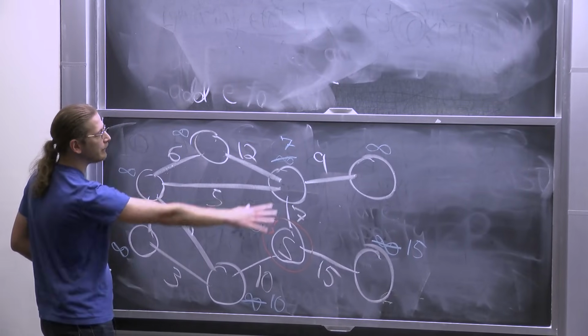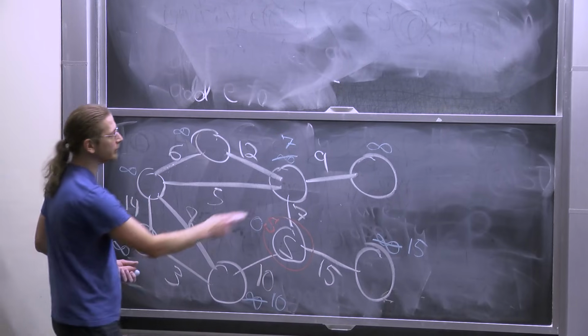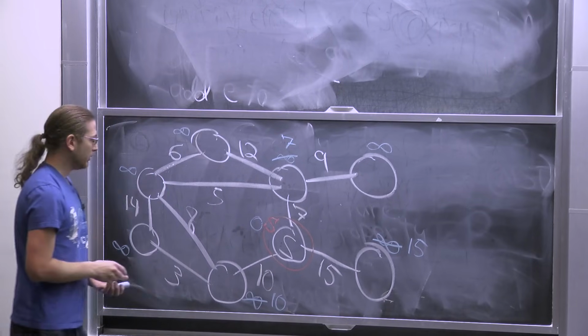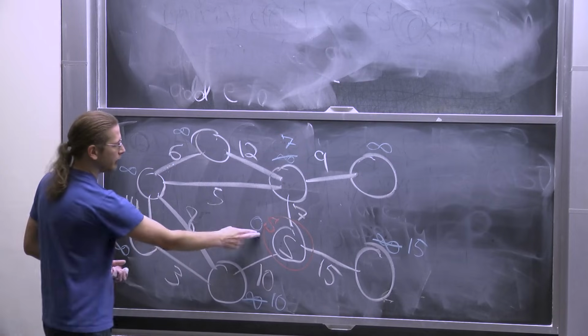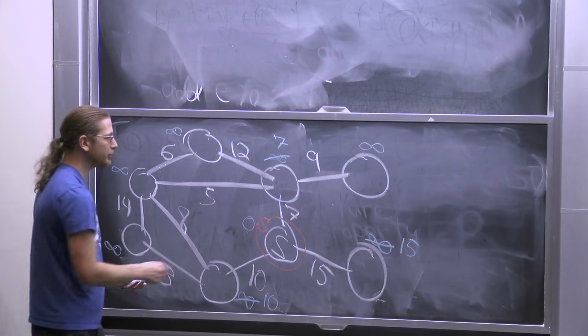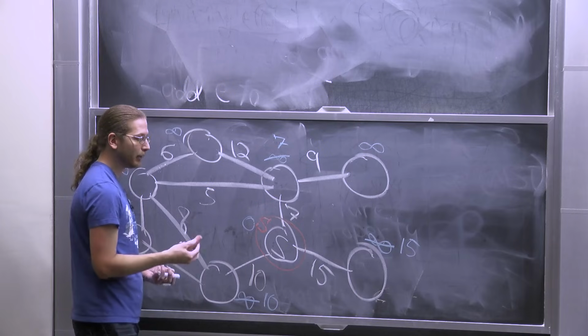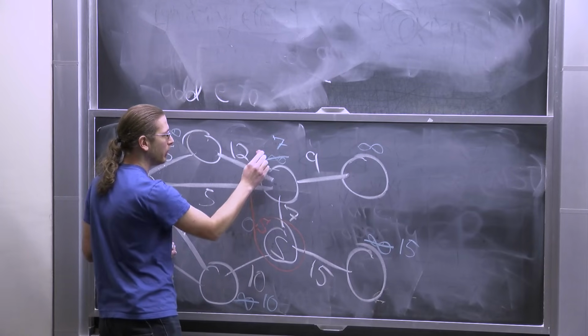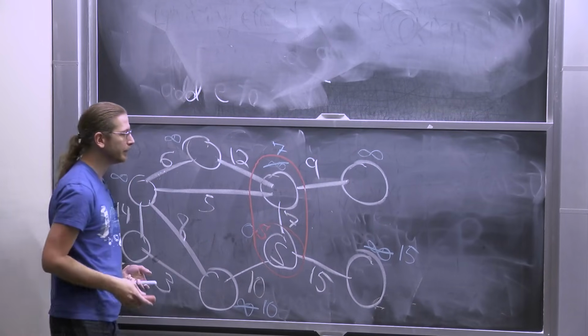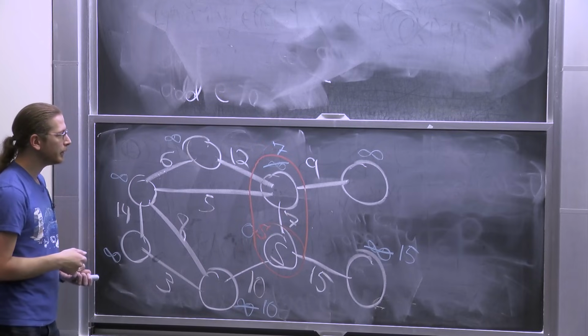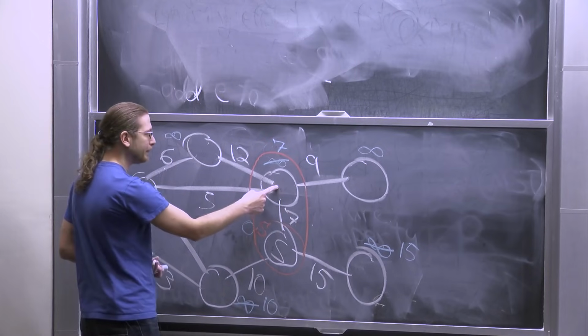I look at all of the key values stored. The smallest one is 7, right? Because this node's no longer in there. So I'm going to add this node to capital S. So capital S is going to grow to include that node. I've extracted it from the queue. And now I look at all the neighbors of that node.